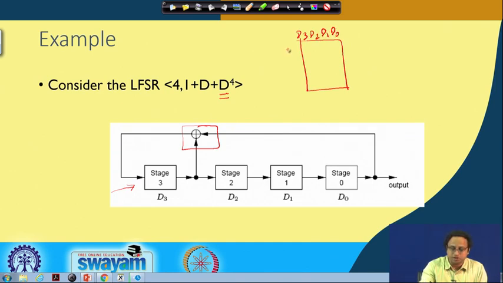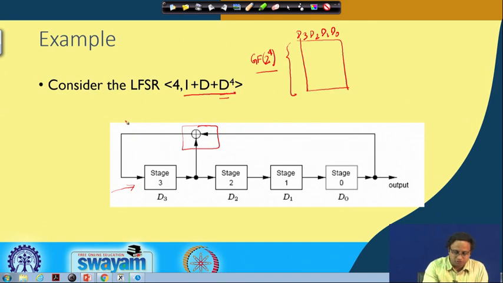So pretty much these elements are members of GF(2 to the power of 4). For GF(2 to the power of 4), you can set a corresponding polynomial, for example 1 plus D to the power of 4, and then obtain the elements of this field. In particular this feedback polynomial is written as 1 plus D to the power of 4.